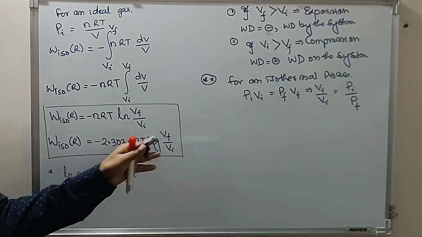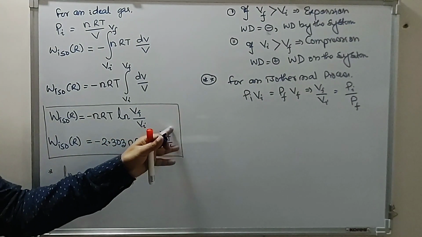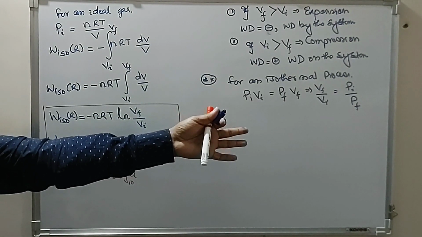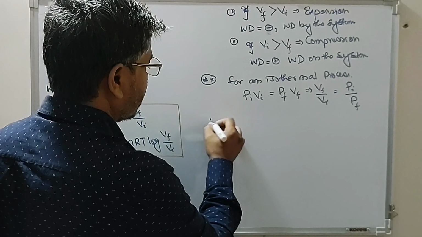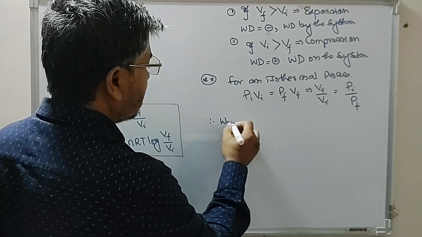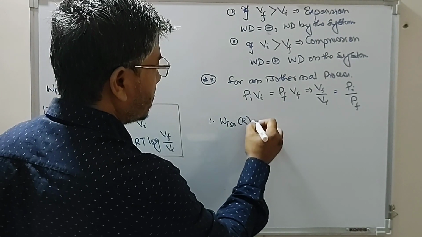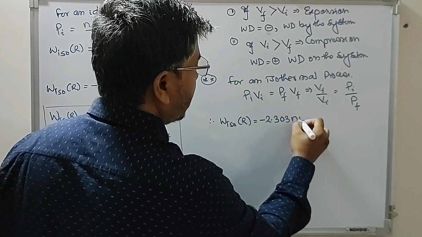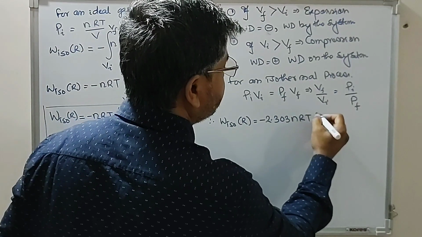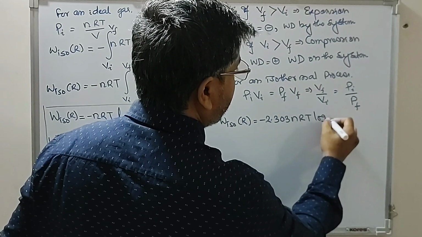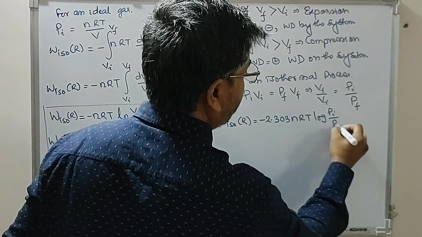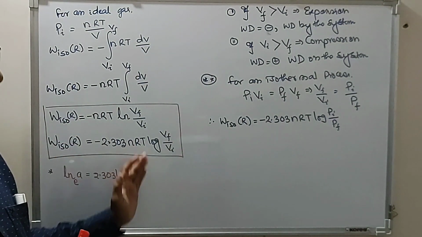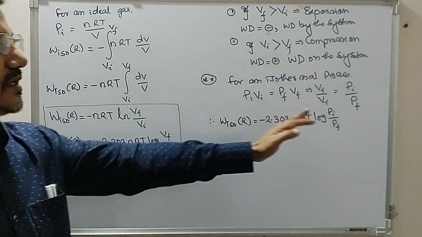So in this equation, the ratio Vf by Vi can be replaced by the pressure ratio. So therefore work done, isothermal reversible, is equal to minus 2.303 nRT log of Pi by Pf.